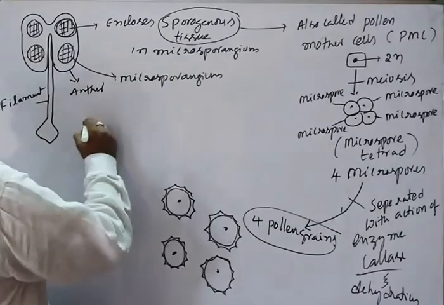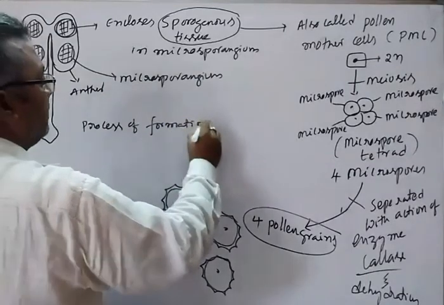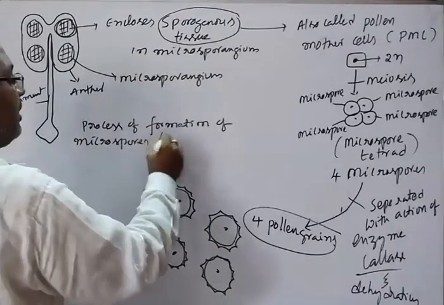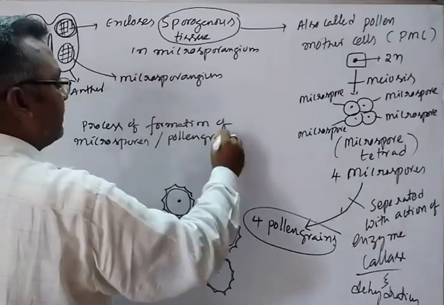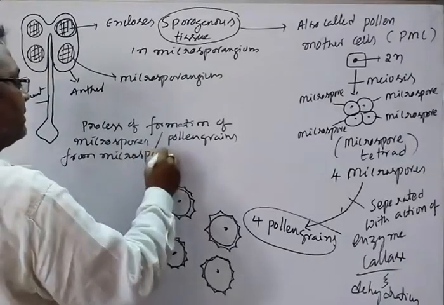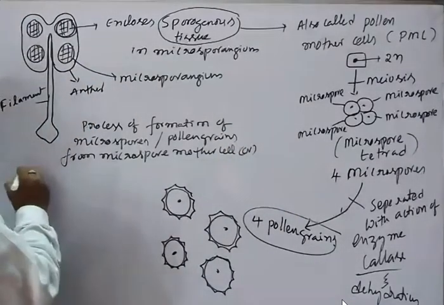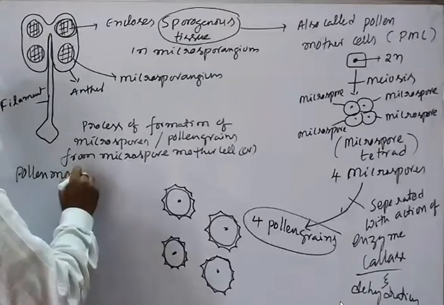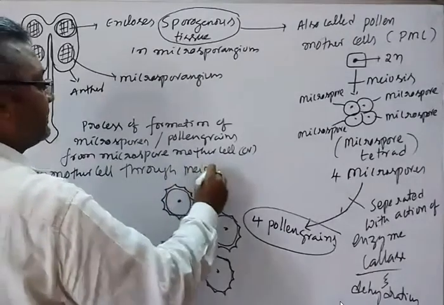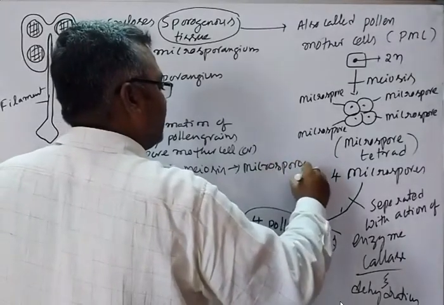Now this process of formation of microspores or pollen grains from microspore mother cell or pollen mother cell through meiosis is called microsporogenesis.